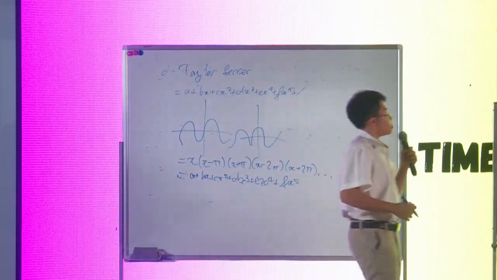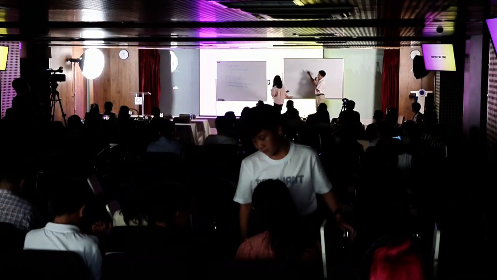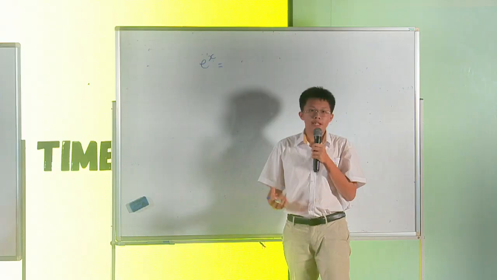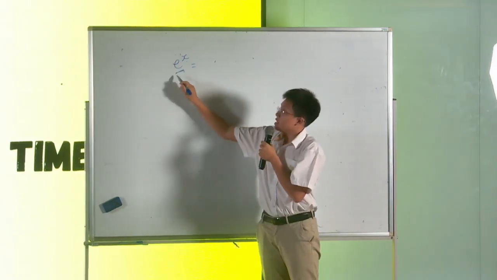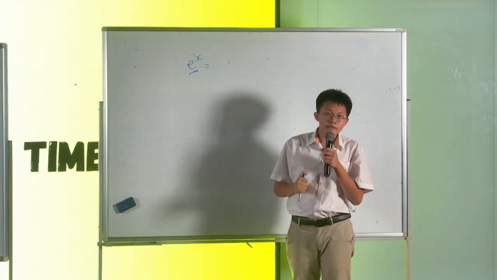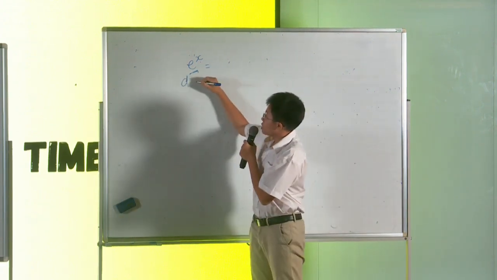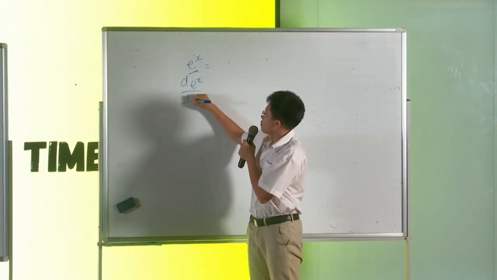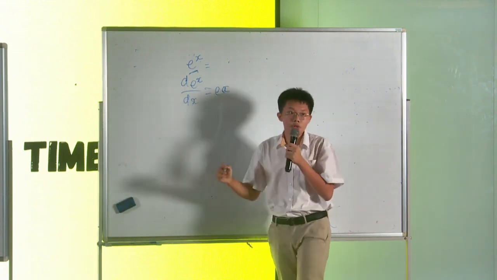But what about the exponential function e to the power of x? Why does it need to be a Taylor series? This function needs to be a Taylor series because it has to keep the same function for every differentiation. For the first differentiation, it still has to keep its original function.